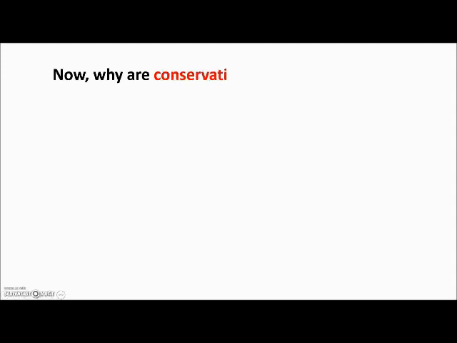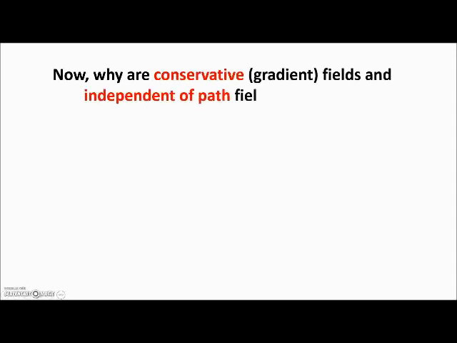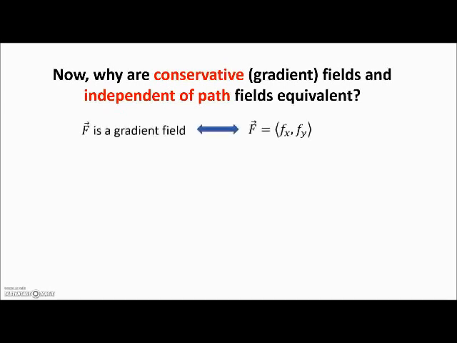Now back to the question of why conservative, aka gradient fields, and independent of path fields are equivalent. Well, here comes a mathematical explanation. F is a gradient field if and only if it consists of the partial derivatives. Now we're going to do this in 2D, but the same thing holds in 3D. It's just easier to see if we do it in 2D.